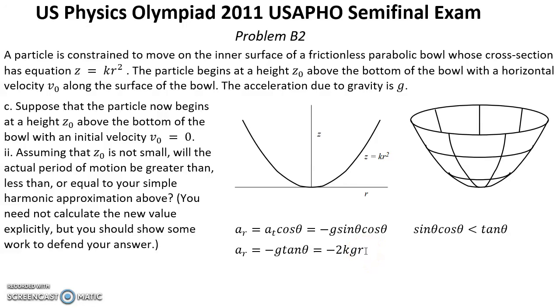But in our case, we always have sine theta cosine theta less than tangent theta. It means that at any point the radial acceleration is less than the acceleration for simple harmonic motion. It means that the period will be greater than for simple harmonic motion. That's the solution.